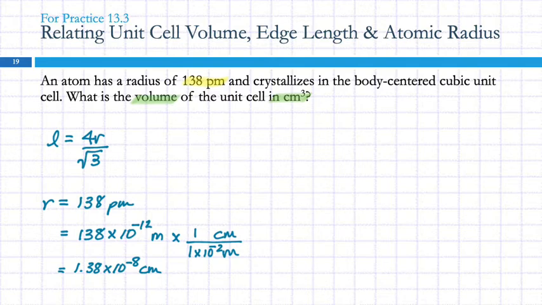So that is r. So then we can figure out the length of a side of this cube, right? This is 4 times that radius divided by the square root of 3.